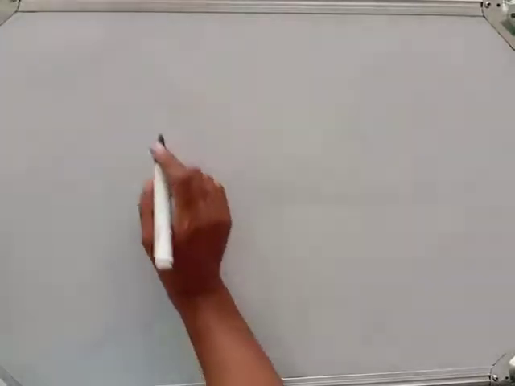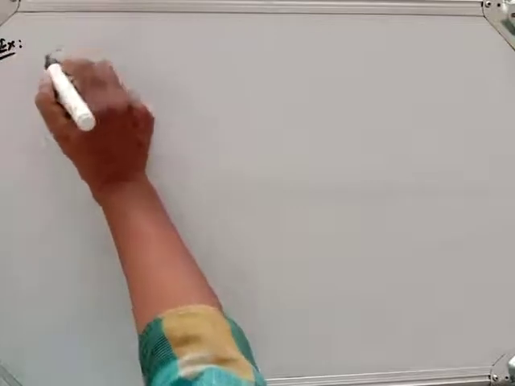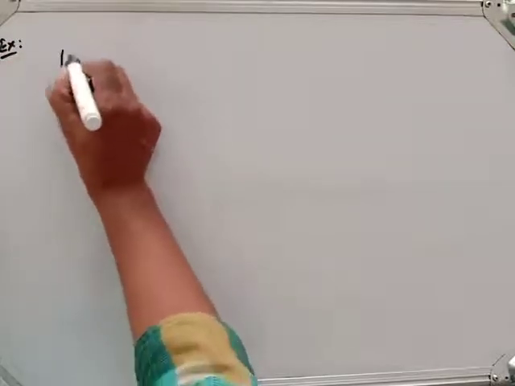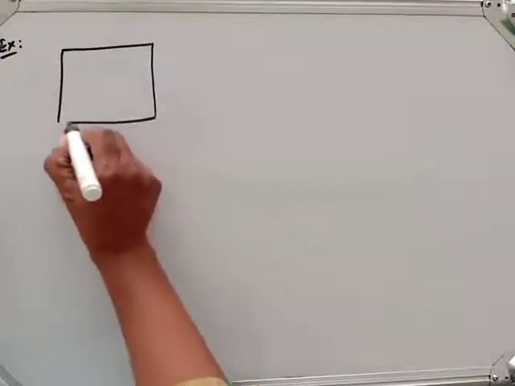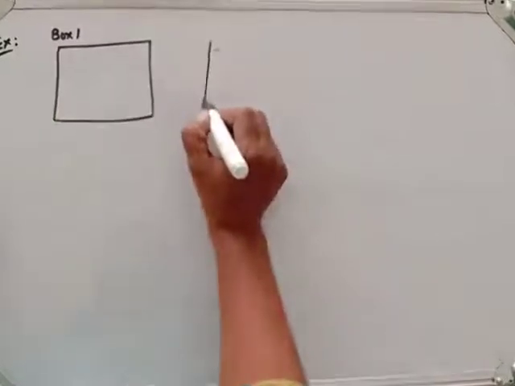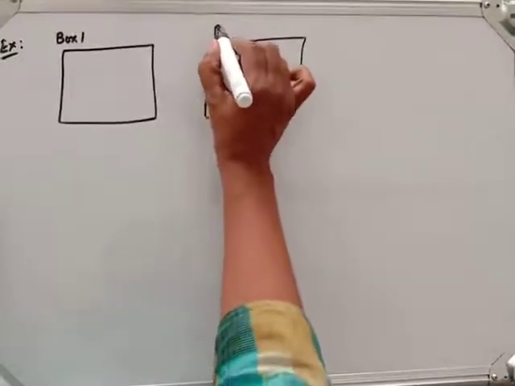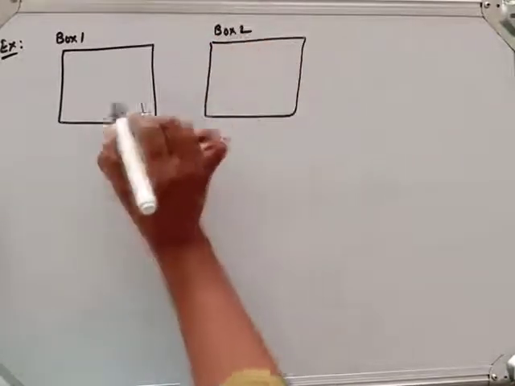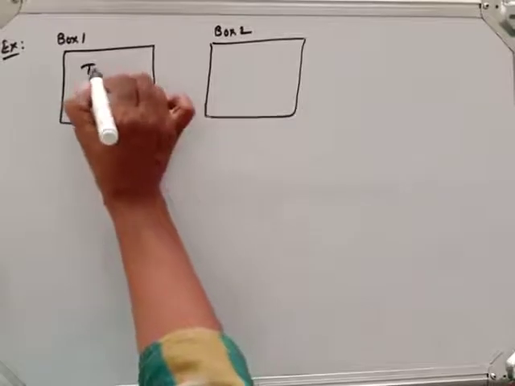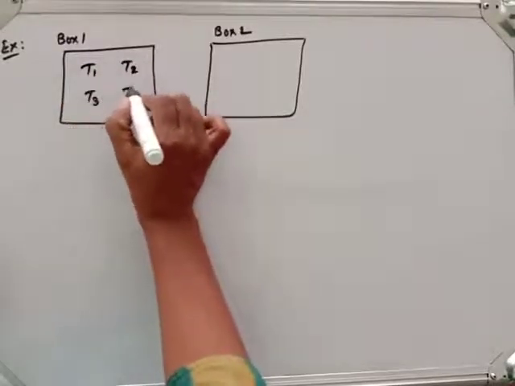Now for the same note I want to take one more example. Suppose there are two boxes. This is box 1, and another box, box 2. In box 1, again the same 4 objects, T1, T2, T3 and T4.